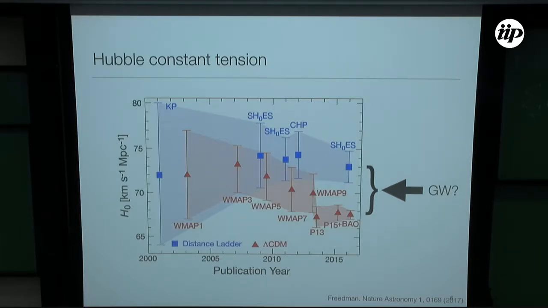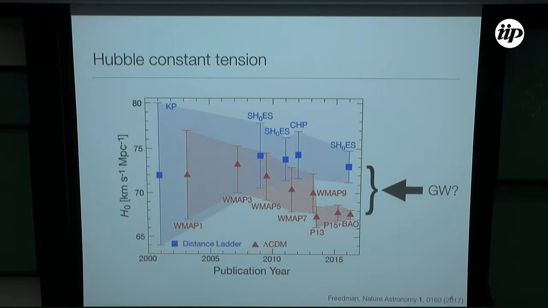This is from a recent paper comparing all of the recent measurements, focusing on one parameter that is a function of these models, the Hubble constant. You'll see in blue and red there are two distinct types of measurements.